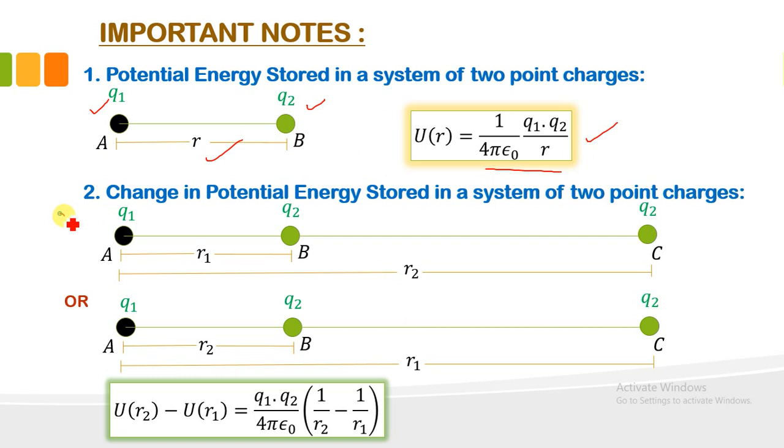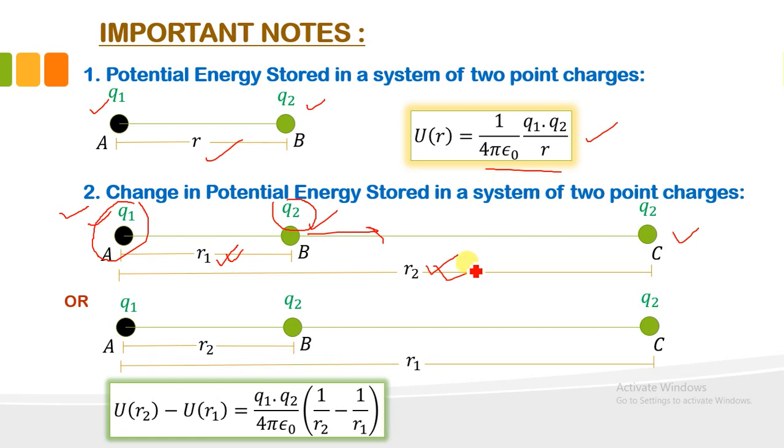Okay, point number 2. Suppose 2 charges Q1 and Q2 are initially separated by distance r1. If one of the charges is kept fixed and another charge is slowly moved to a new separation r2, r1 is the initial separation and r2 is the final separation.